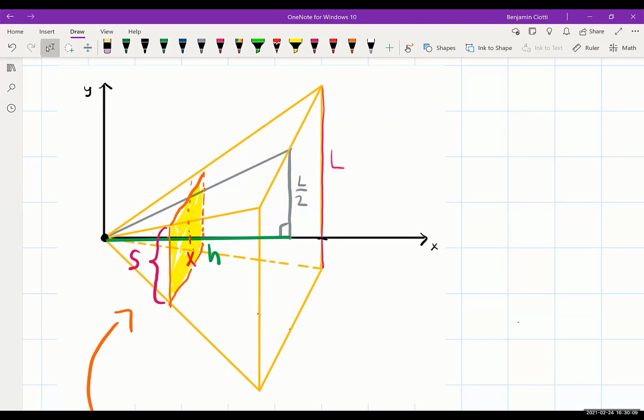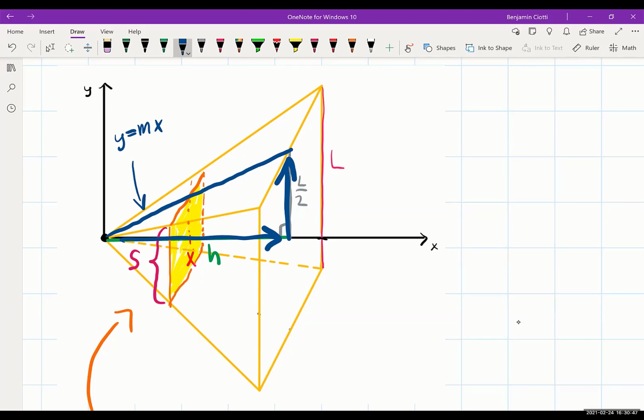The way that I'm going to do it is I'm going to find the equation of this line right here, because it's a line through the origin, which means its equation is y equals mx. We just need to find m, right? There's no y-intercept when it passes through the origin. But I can see what its slope is because I can see what its rise is and what its run is.